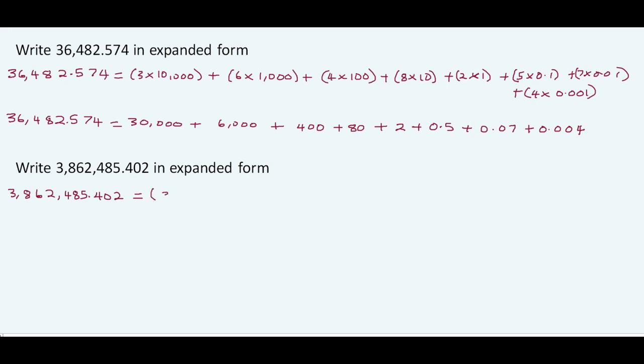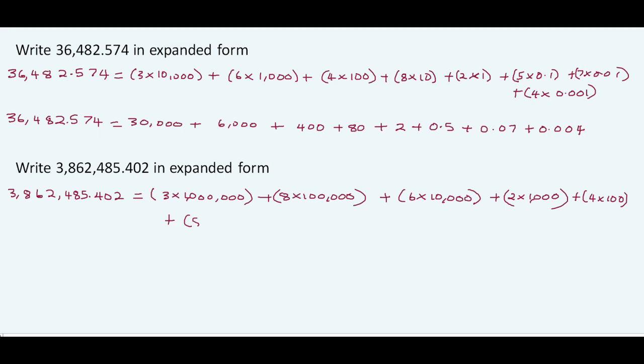We have 3 multiplied by 1,000,000 plus 8 multiplied by 100,000 plus 6 multiplied by 10,000 plus 2 multiplied by 1,000 plus 4 multiplied by 100 plus 8 multiplied by 10 plus 5 multiplied by 1 plus 4 multiplied by 0.1 plus 0 multiplied by 0.01 plus 2 multiplied by 0.001.